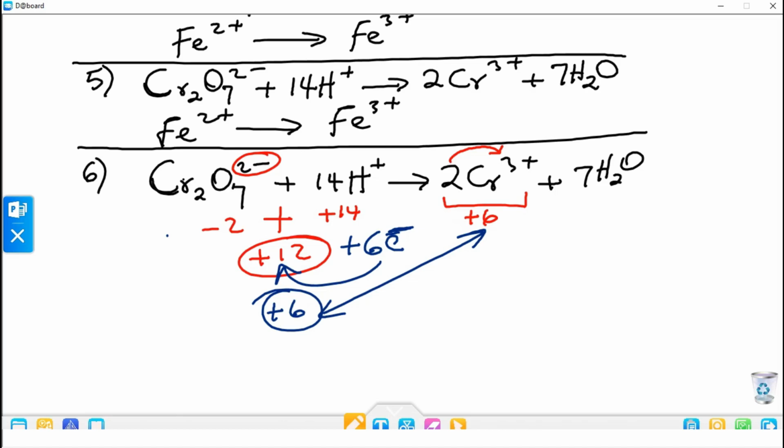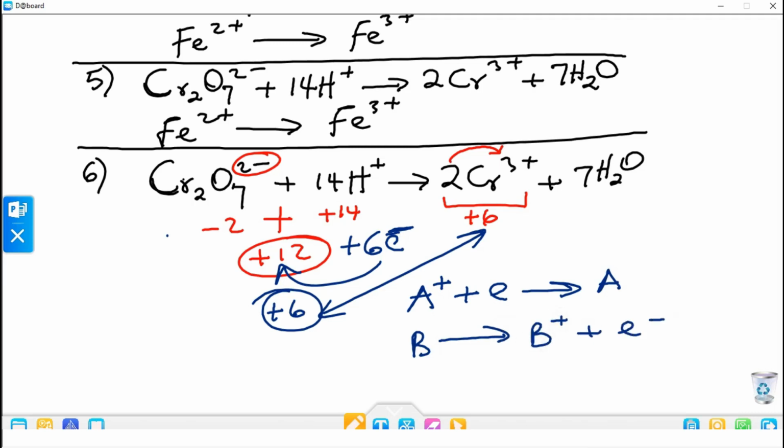And that tells us that when a species gains electrons, it is reduction, but when a species loses electrons, it is oxidation. That is just what it tells us. And that is how we've defined our oxidation. Oxidation is loss of electrons, but reduction is gain of electrons.